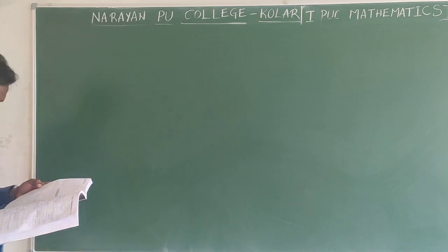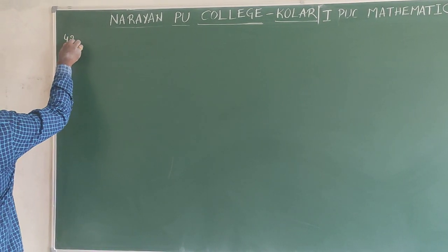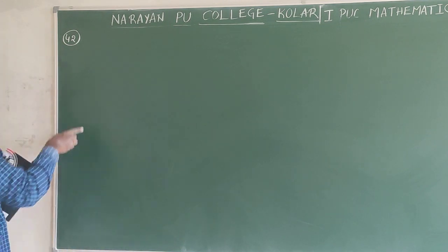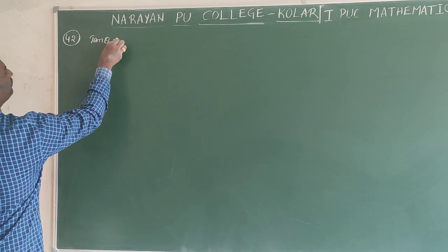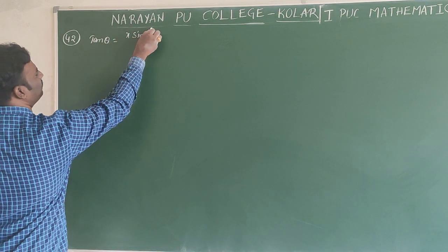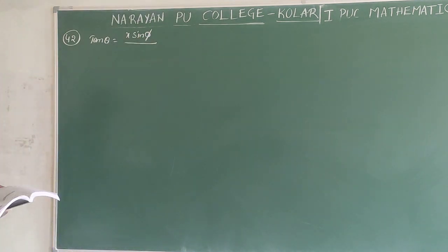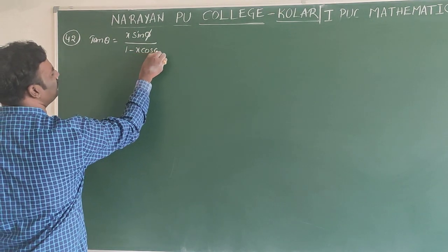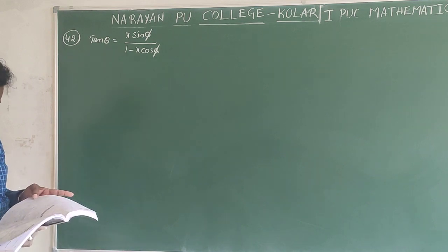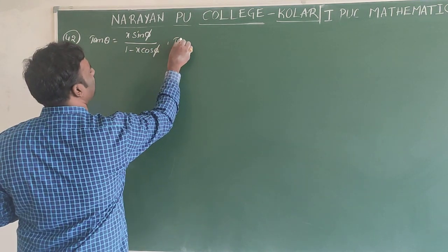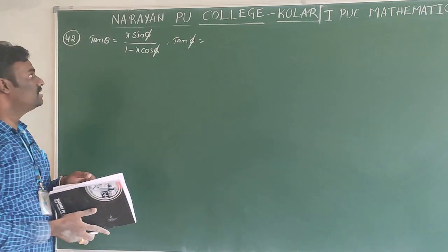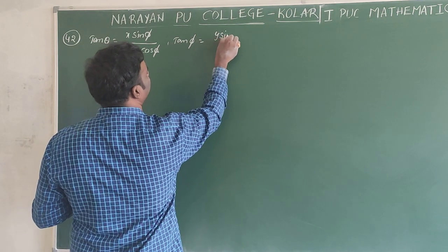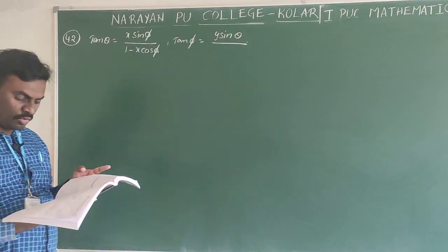Next, question number 42. In this question number 42, they are given tan theta equals to x sin phi by 1 minus x cos phi. This is the first condition, and they are given tan phi is equal to y sin theta by 1 minus y cos theta.